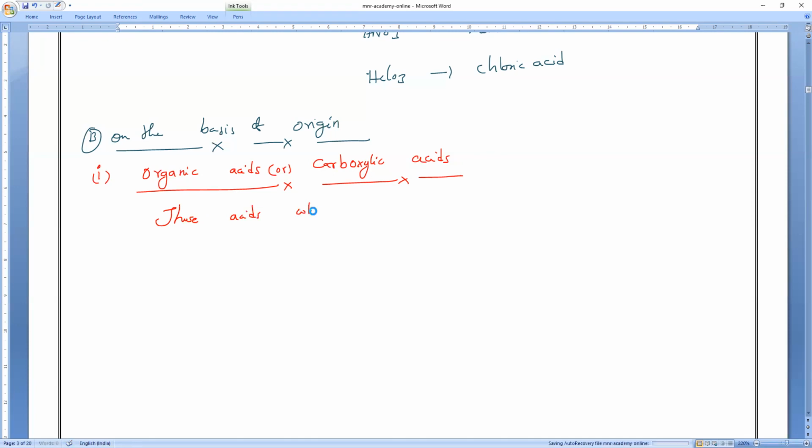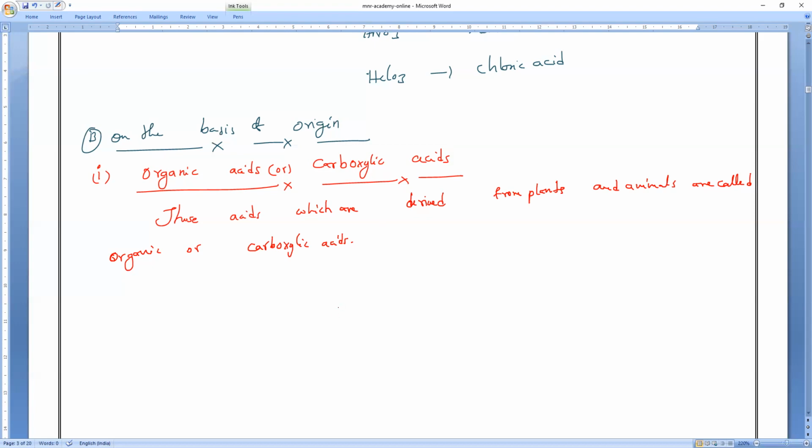So those acids which are derived from plants as well as animals are called organic or carboxylic acids.